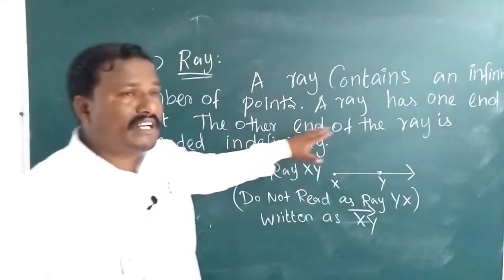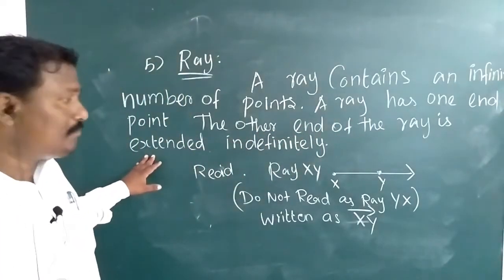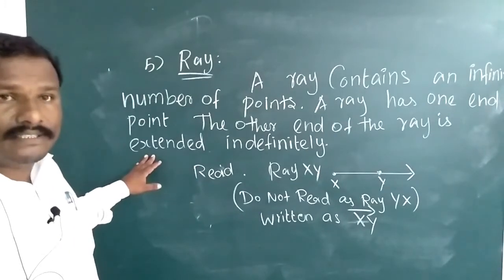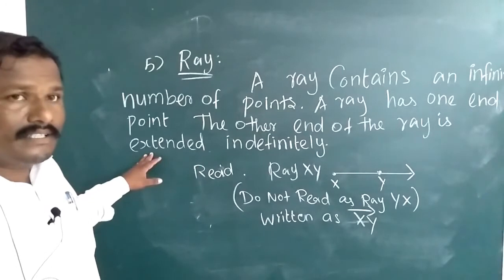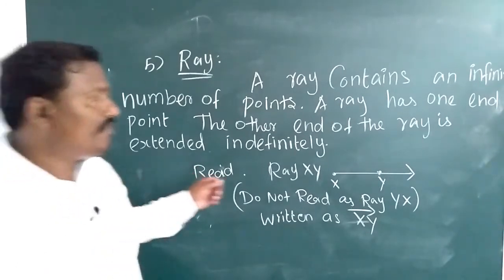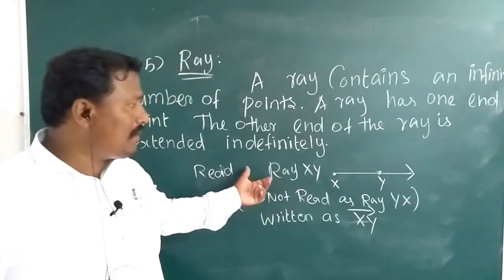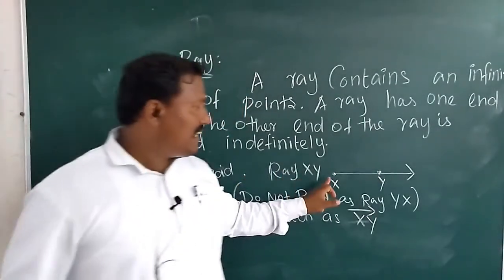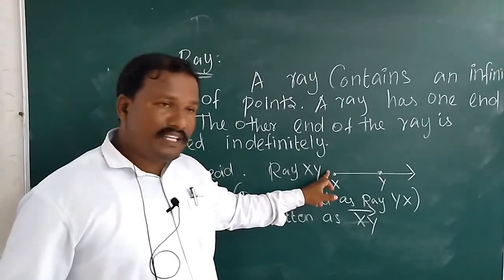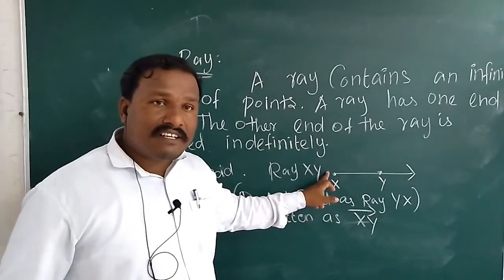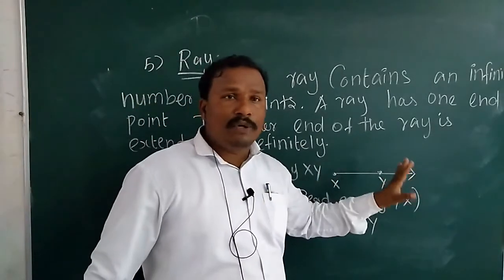The other end of the ray is extended indefinitely, which means we don't know where it is going to end. For example, ray xy: x is the starting point, the ray started from this point, but where it is going to end we don't know.